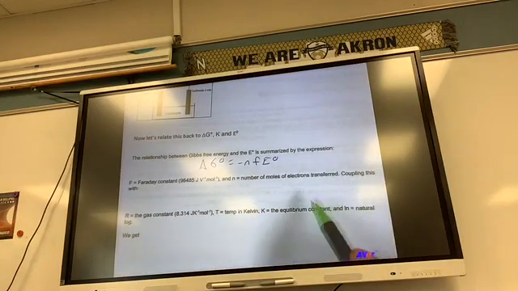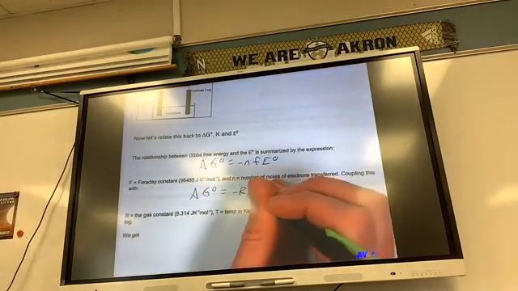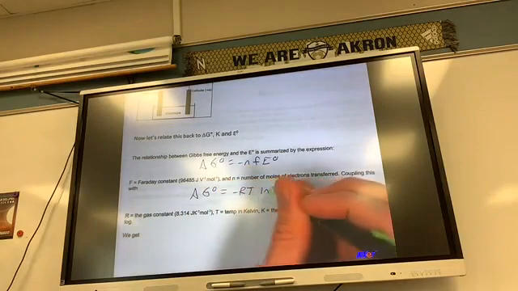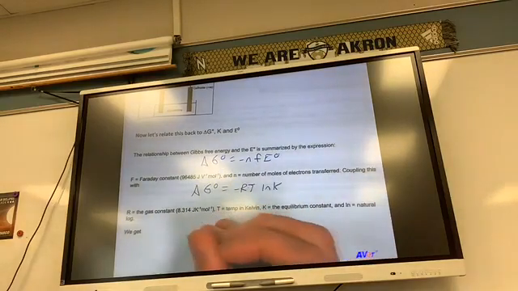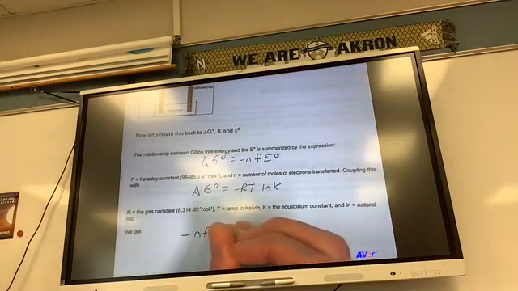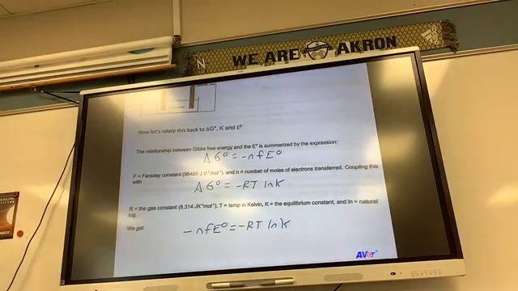Coupling this with delta G equals negative RT natural log of K, I can combine these into one big equation: negative nFE equals negative RT natural log of K. I'm just rearranging equations here. I just set this equal to this because they're both equal to delta G.